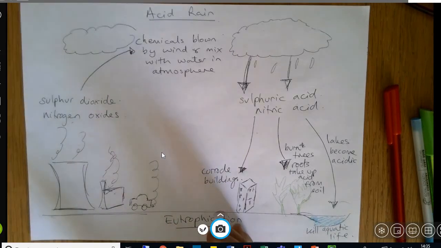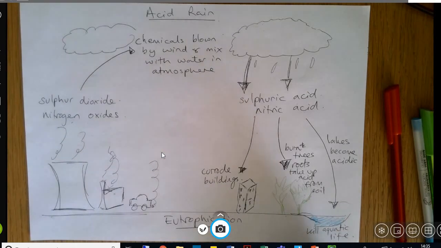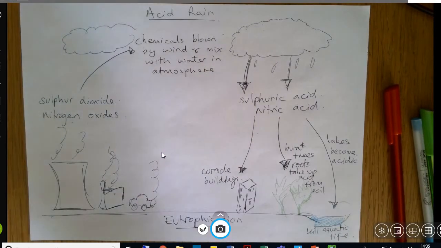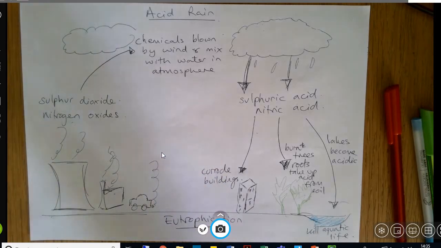So the way you go about doing that is really up to you, but it is a process. You may want to produce a cartoon strip, a flow chart, something like that, which shows how the process of eutrophication happens. Then the main bulk of your task for this week is going to be around looking at air pollution and its effects, and particularly reading up and making a presentation about the effect the current pandemic has had on air pollution.